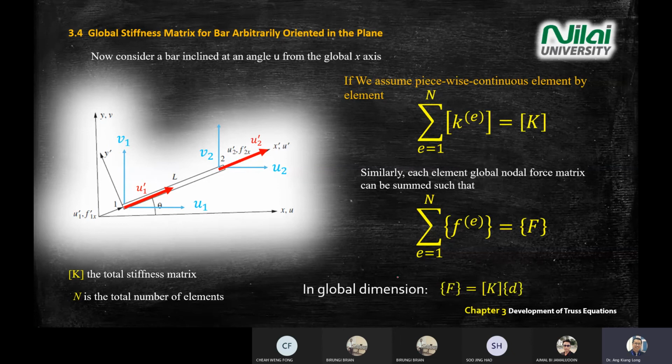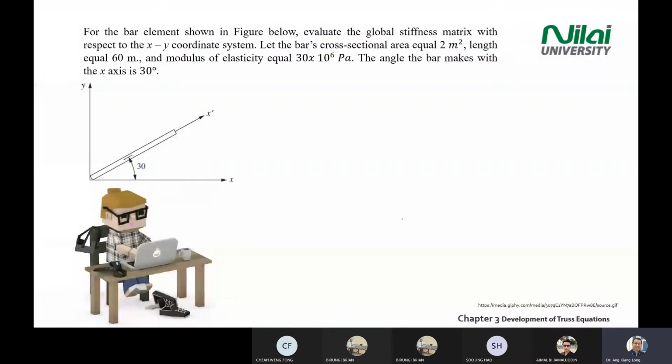We look at one example. So F equals K d at the end. Let's look at this example and then we call it a day. If you look at the diagram, a bar element.